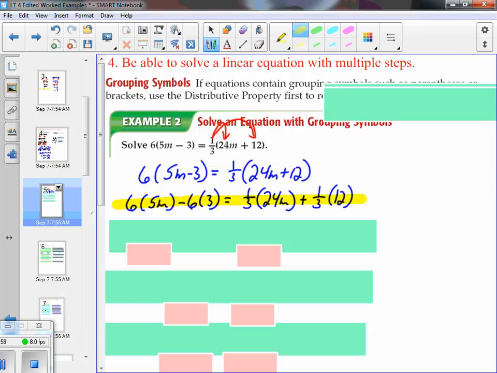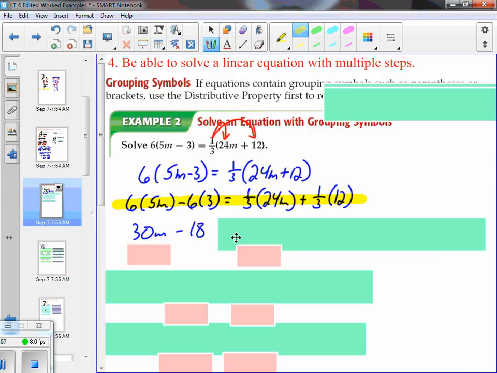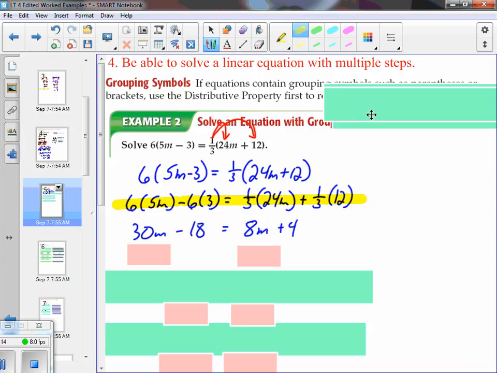I'm going to. So 6 times 5m is 30m. 6 times negative 3 is negative 18. 1/3 times 24m is 8m. 1/3 times 12 is 4. Finish from there.